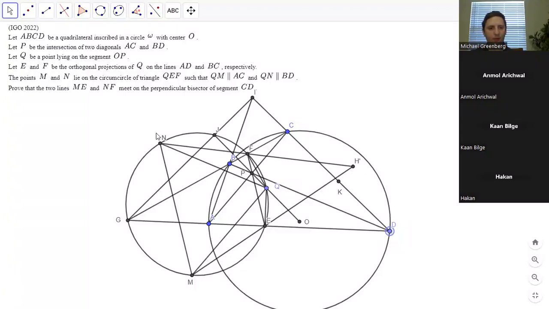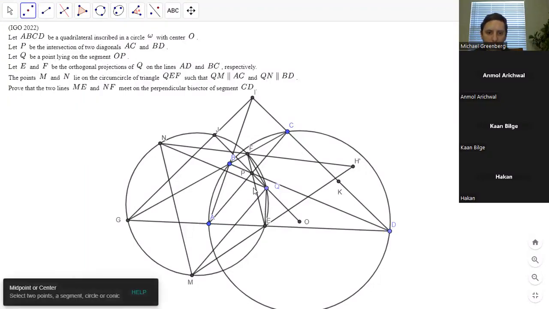So we have this isosceles triangle here. Let's see.